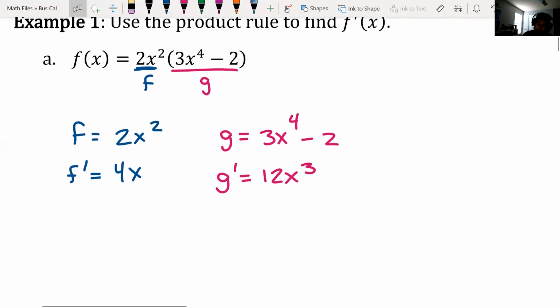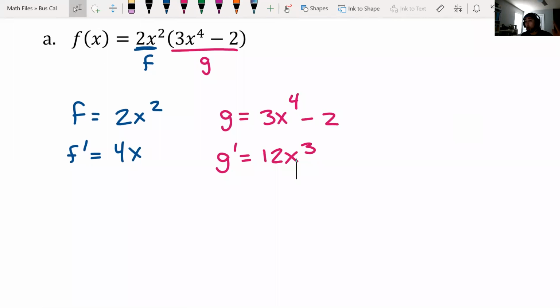Once we have taken the derivatives, all we have to do now is follow the product rule. We are taking the derivative of f of x, so I'm going to start off with the notation f prime of x.